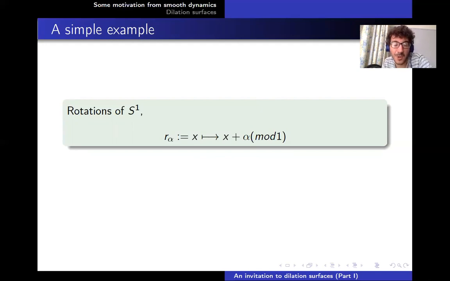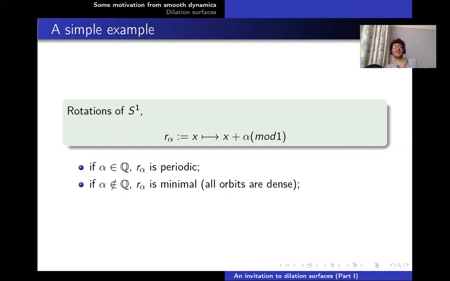You might ask, what is the typical behavior in the parameter alpha? It's an easy exercise to see that if alpha is a rational number, then this map is periodic, by which I mean that a certain power is going to be the identity, so every single orbit is periodic. And if alpha is irrational, then every single orbit is dense. In dynamical systems, you say that this dynamical system is minimal.